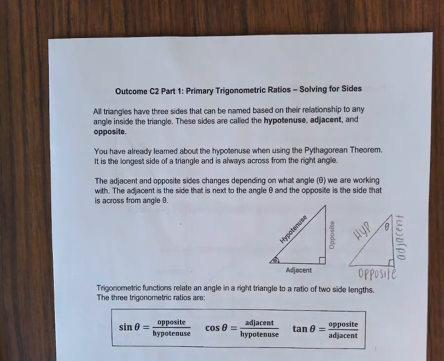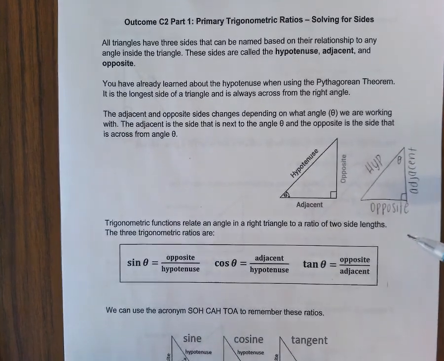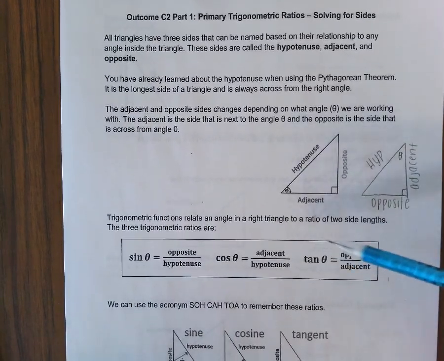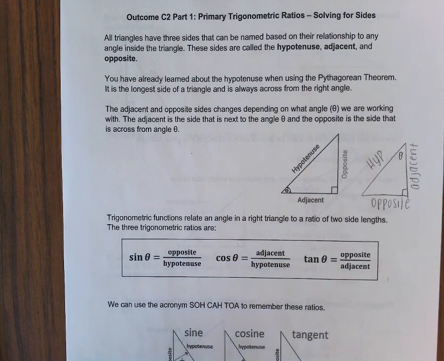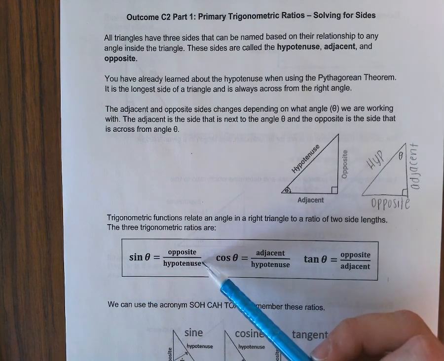Now, once we have those sides labeled, they all have a relationship. So here, if you look at these three ratios, you'll see we've got sine of an angle, cos of an angle, and tan of an angle. So sine of this angle theta will always be equal to the length of the opposite side divided by the hypotenuse.